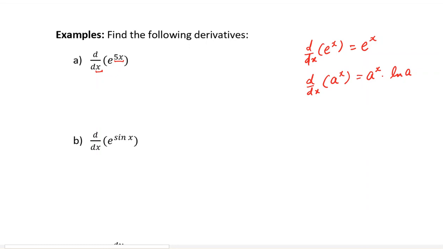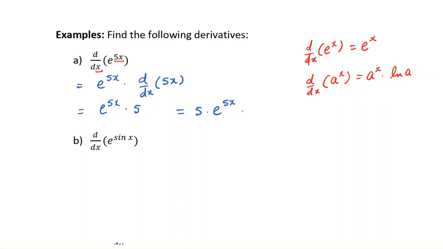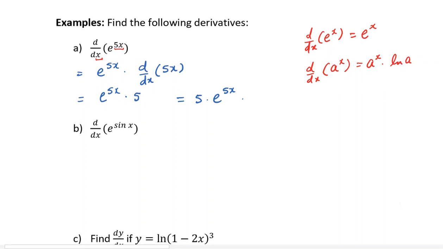The derivative of e raised to power 5x is e raised to power 5x, and by the chain rule we need to find the derivative of 5x. The derivative of 5x is 5, so the answer is 5 times e raised to power 5x. So remember, you need to apply the chain rule whenever you have a power which is different from x. So let's try the next problem.